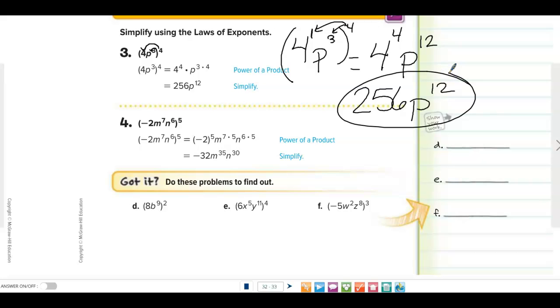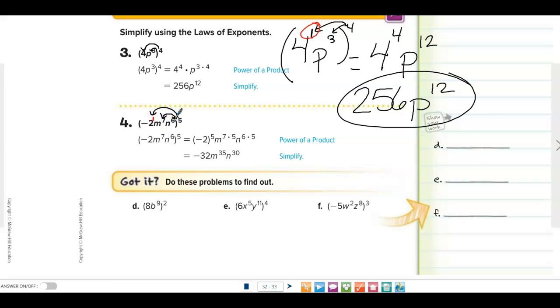Questions on that one? I think the part that throws us off the most is this imaginary 1 right there. Don't forget that that's raised to the 1st power. You can write it in there. So like on number 4, I'm just going to go ahead and write it in there. So it's -2 to the 1st power. That way I don't forget to do it. So now I'm going to distribute my 5 to each base.